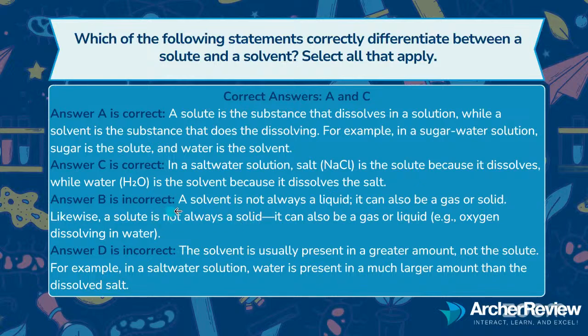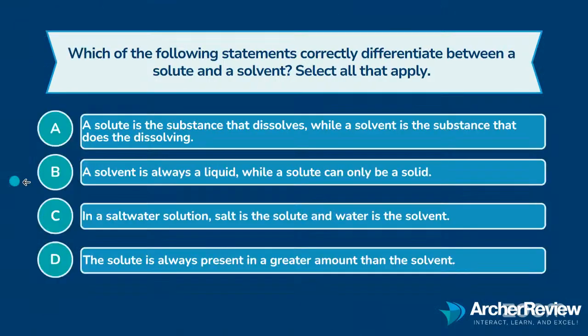So B tells us a solvent is always a liquid, and that's not true. It's generally a liquid. If B said a solvent is generally a liquid, that first part would be true. And a solute is generally a solid, that would be true. But with this idea of absolutes, always and only, beware of that in questions.